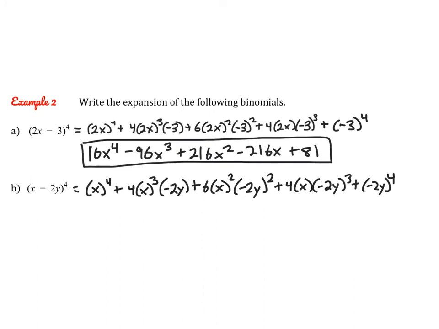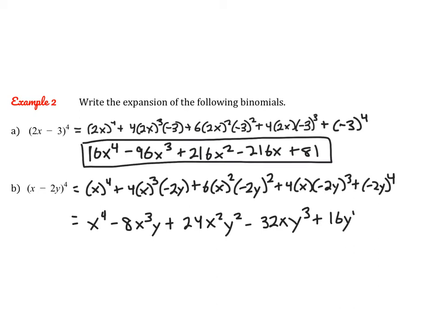So here, once again, you need to be very careful that, for example, here we are squaring -2 and y. Here we are cubing -2 and y. So make sure we're simplifying fully, and we should get x to the 4th minus 8x cubed y plus 24x squared y squared minus 32x y cubed plus 16 y to the 4th. So that is our expansion.